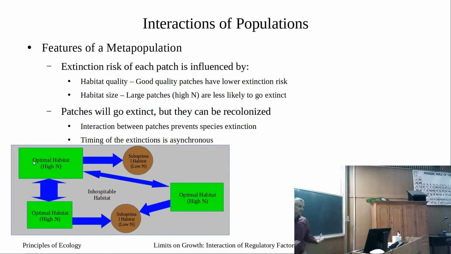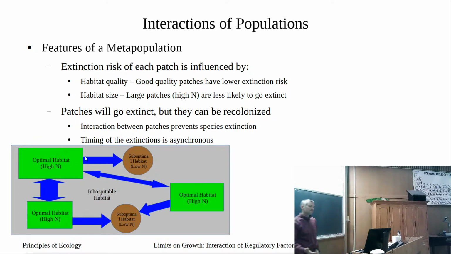So we have these individual populations living and surviving in patches. Some of those patches are good, supporting high population sizes, high carrying capacities. Some of them are bad, so they support basically low populations, and these populations regularly go extinct. But due to the fragmented nature of our habitat, each of these patches has the possibility of going extinct.